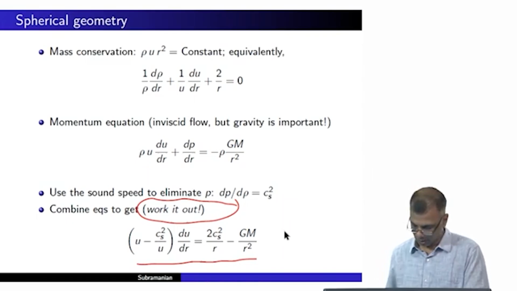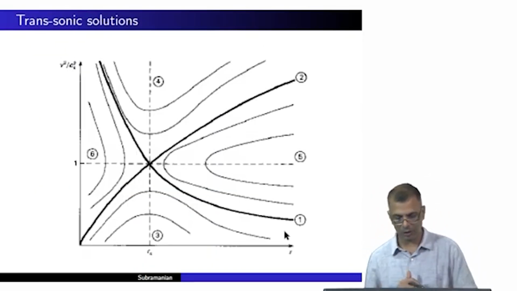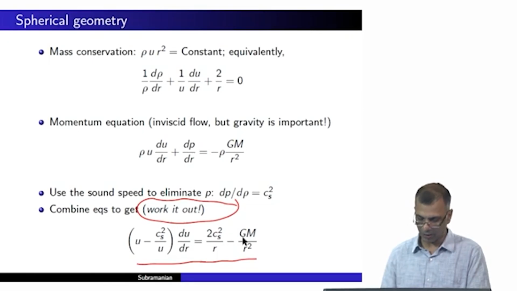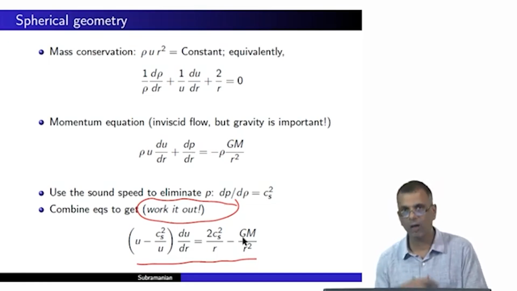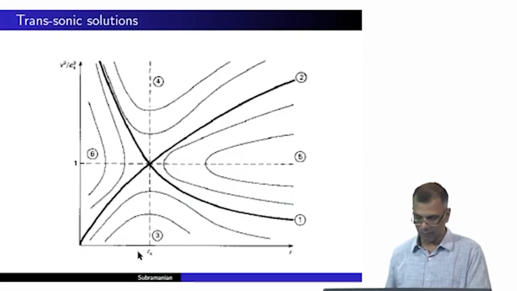From now on, what we will do in our subsequent discussions is look at the parameter space of allowable solutions that are predicted by this equation.